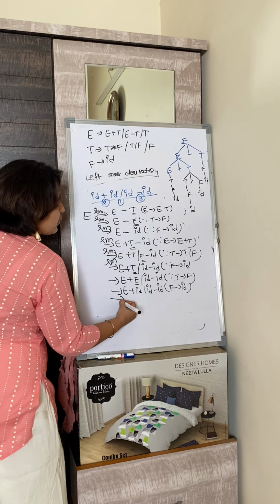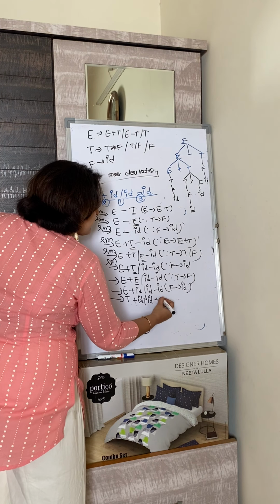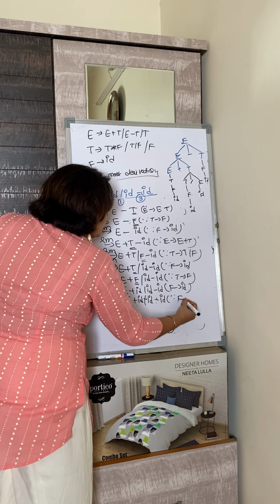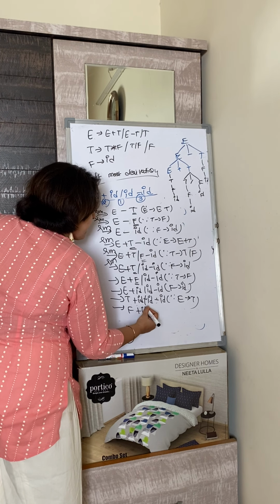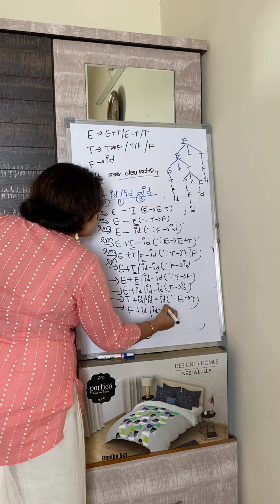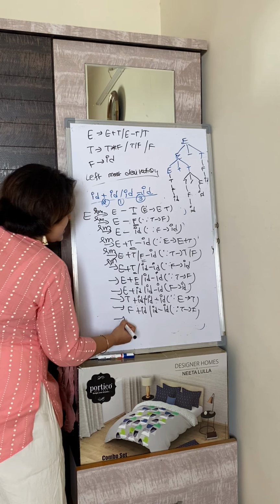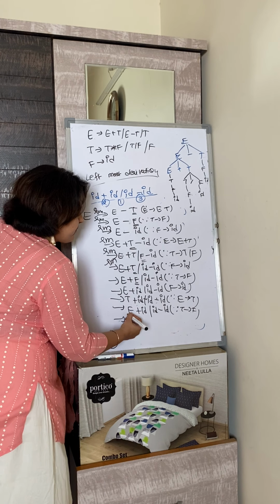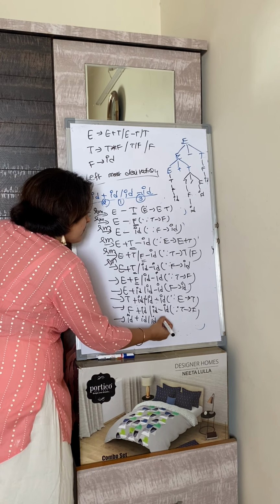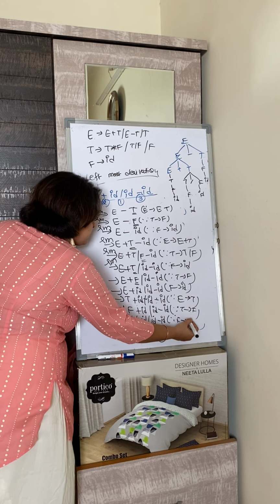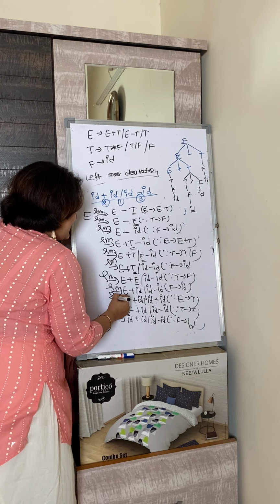So E will first of all be converted to T. E derives T. Then T will be converted to F. T derives F. And then finally F is going to be converted to id. So this is called rightmost derivation. Yes.